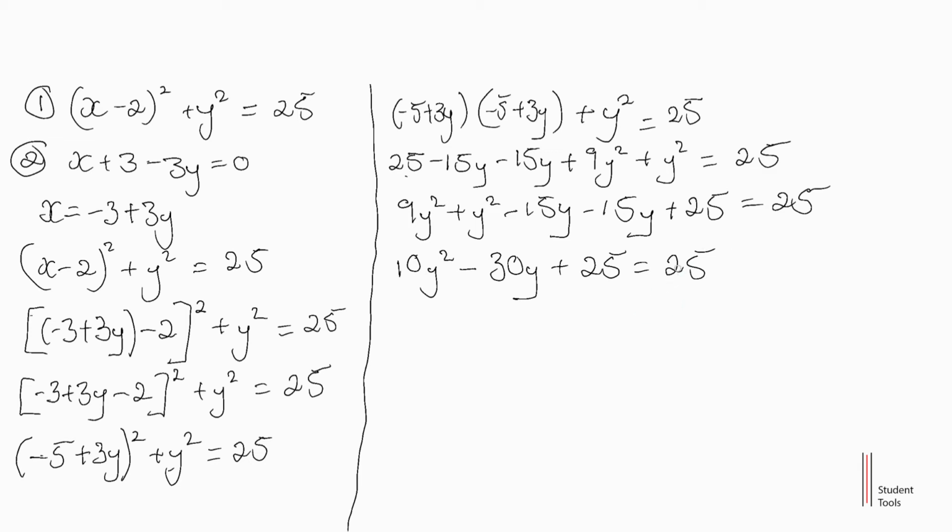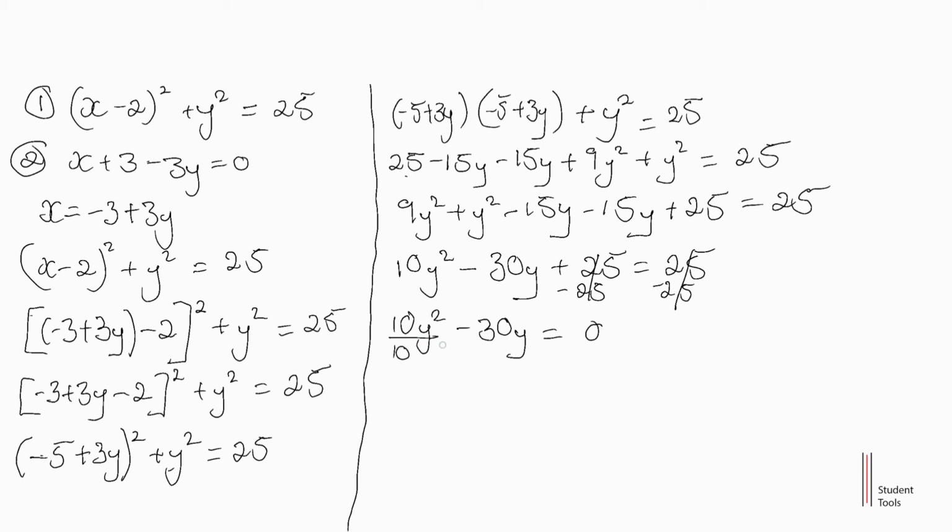Now let us take the 25 from the right hand side to the left hand side, so that is minus 25 and minus 25. The constants cancel, and we are left with 10y² − 30y = 0. Now let's divide everything by 10.